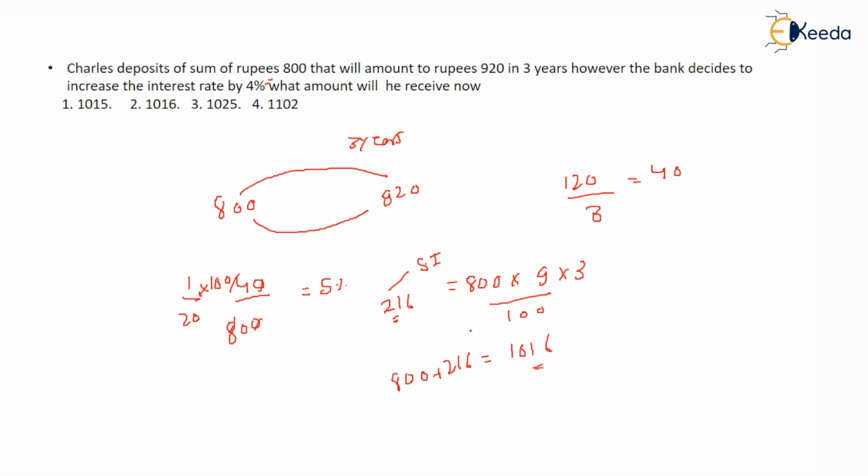This is the amount that he will get. It is not a difficult question. You just need to understand how to deal with such questions. Everything is simple in aptitude. Don't try to remember formulas, just remember the concept that is told to you, and things become very simple.